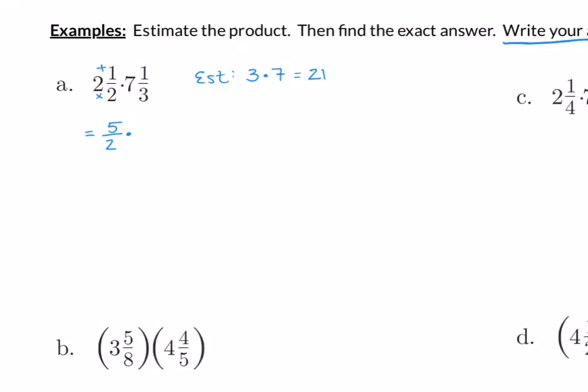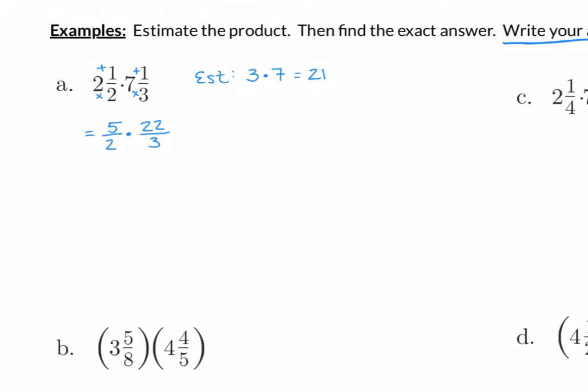All right, 7 1/3 as an improper fraction, we're going to multiply 3 times 7, we get 21, plus 1 is 22, and we keep our denominator.